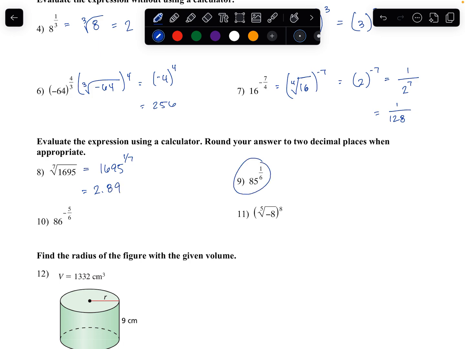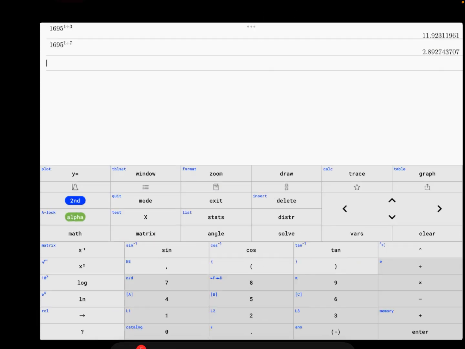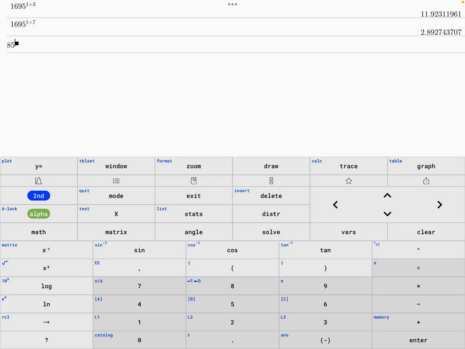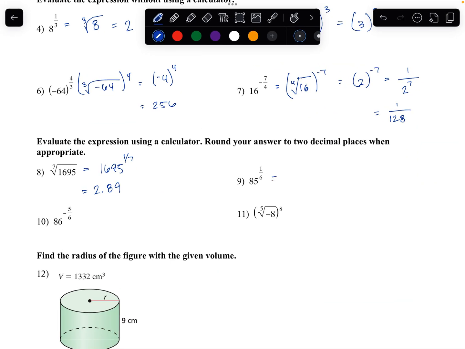So, okay, and then I can just go ahead and put that in my calculator. So 85 to the 1/6 power. So 85 raised to the 1 divided by 6. And I get 2.10. Here we have 86 to the negative 5/6.